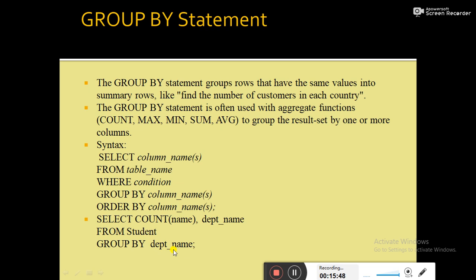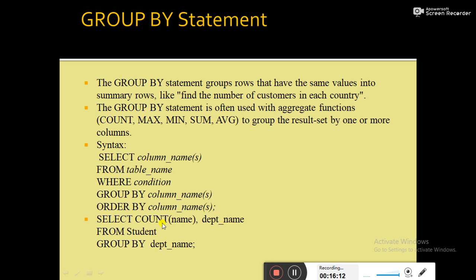And then against each group, which is department name, we are performing the aggregate operation count. And what we are counting? Only the name attribute. So it will give the number of names present in each department.